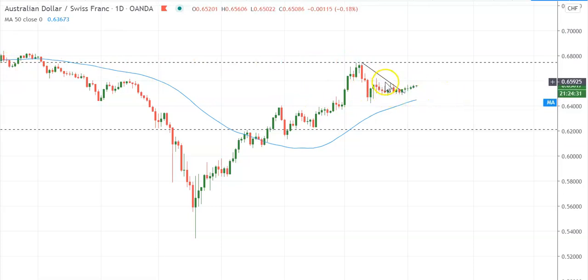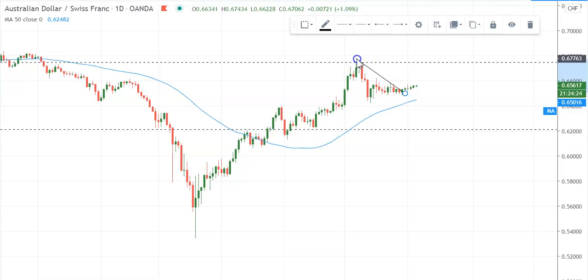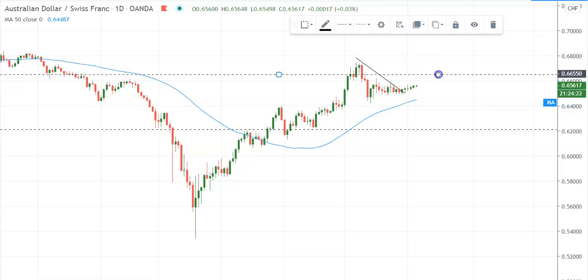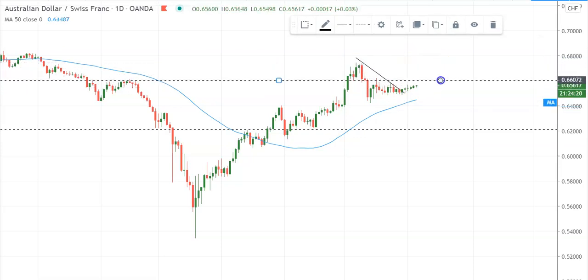We've had a break here, but we haven't broken this area here, and until I get a close above this line, I would not consider taking it north, and so there's no trade.